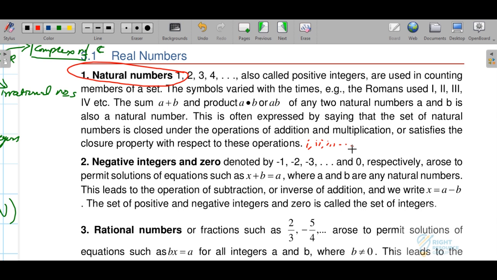So you could also refer to these as natural numbers. Basically, natural numbers are the normal counting numbers from 1 to infinity.